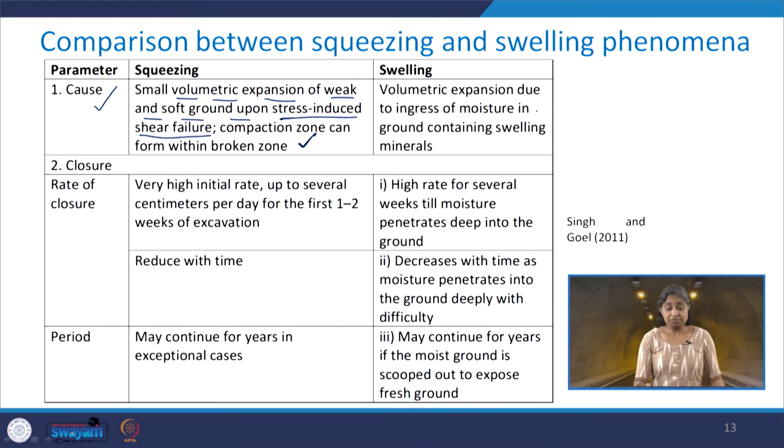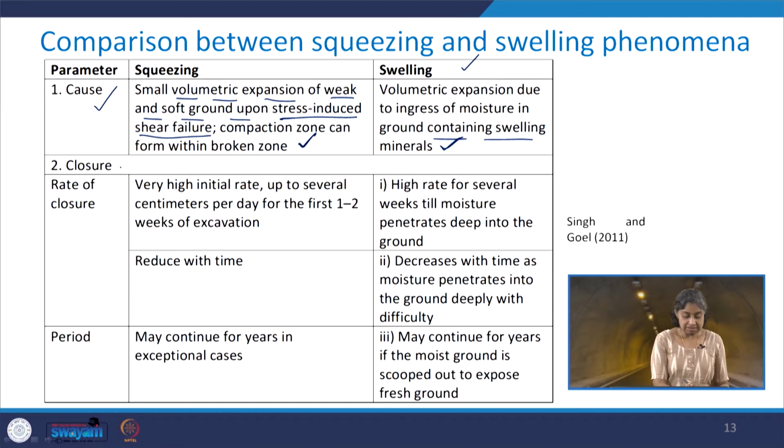However, in case of the swelling ground condition, this volumetric expansion is due to ingress of moisture in ground which contains swelling minerals. So, remember, in case of squeezing ground condition, it is stress induced shear failure, and in case of the swelling ground condition, it is because of the ingress of water in the ground which contains the swelling minerals.